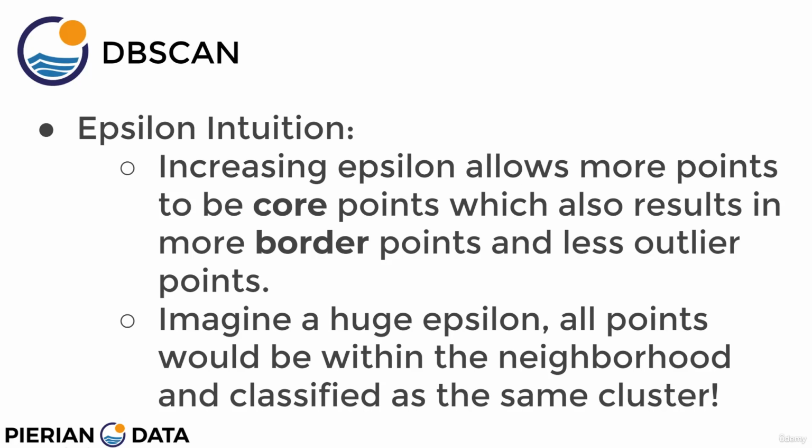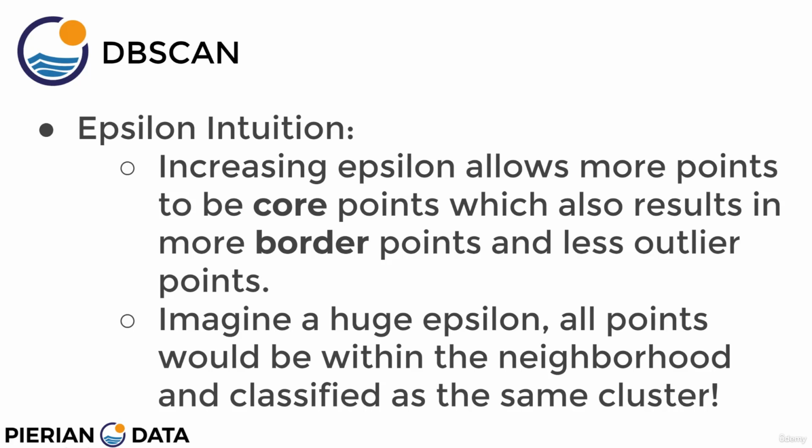One of the easiest ways to get an intuition for key hyperparameters is to think of them in the extremes. For example, let's imagine that we were beginning our DBSCAN and hopping from point to point, and we were considering a huge epsilon, just a very wide radius or range to begin for consideration of minimum number of points or minimum number of samples.